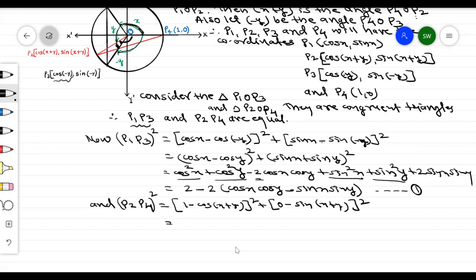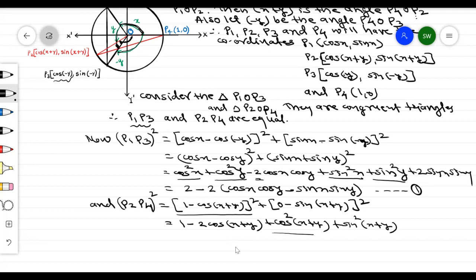So this is equal to, squaring the first bracket, 1 minus twice cos of x plus y plus cos square of x plus y, then plus 0 square is 0, and this is sin square of x plus y, and 2 into 0 into sin of x plus y will be 0.